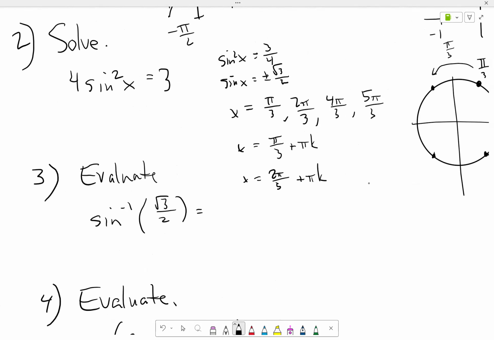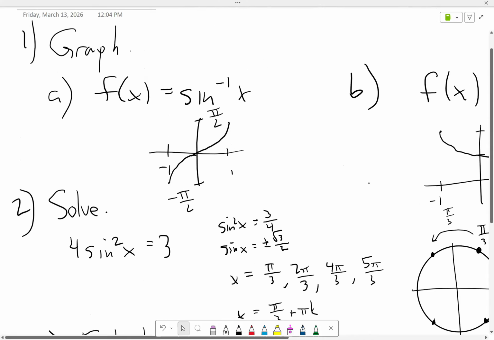Okay. Positive pi over 3? Are we good with that? Should I add like a plus 2 pi k or anything like that?